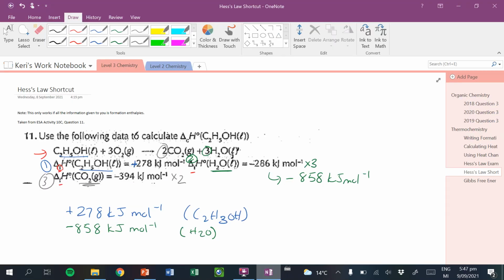And so 394 times 2 is negative 788 kilojoules per mole. So again, I keep that to my total, negative 788 kilojoules per mole, and that's referring to the carbon dioxide.